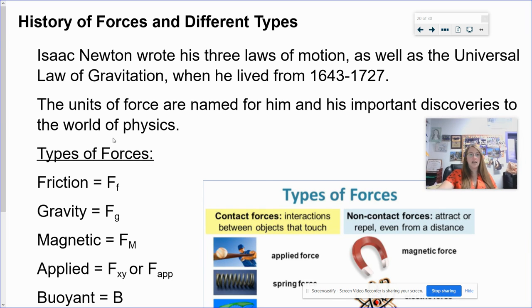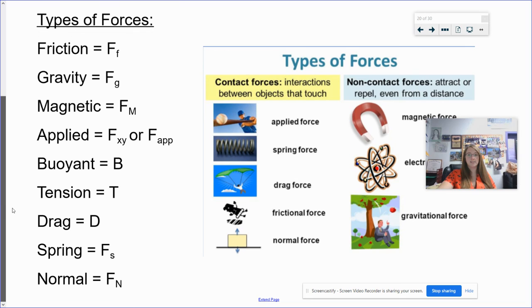So all of these different types of forces here, do not copy this down, you don't need this right now, are measured in newtons. We have the force of friction, we're going to learn later. Gravity, magnetic, applied, like if I'm actually touching something. Buoyancy, if you're floating in water, that's a force actually. Tension is when you're pulling on something.